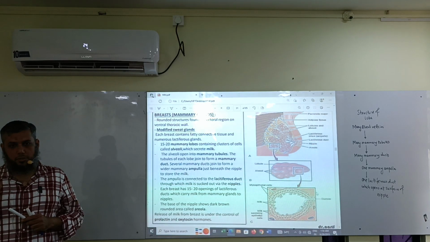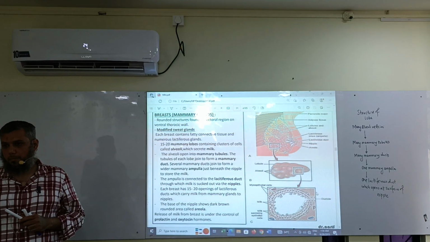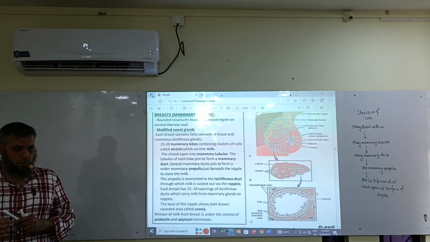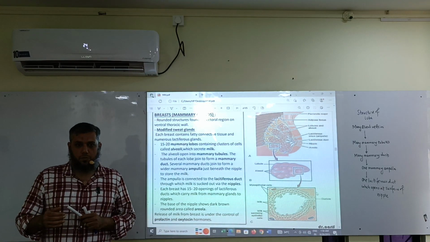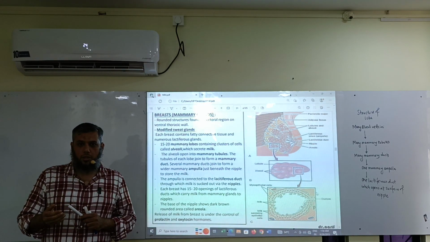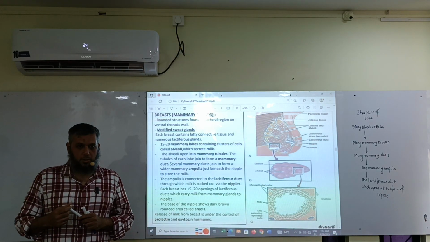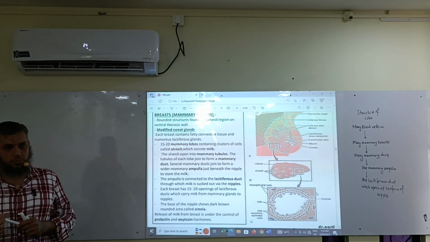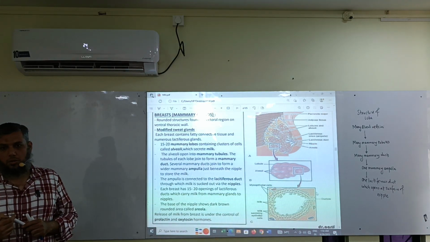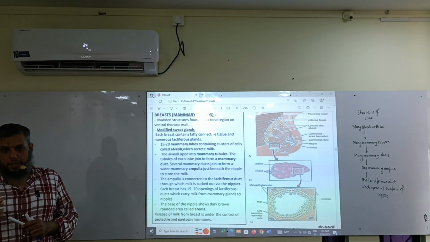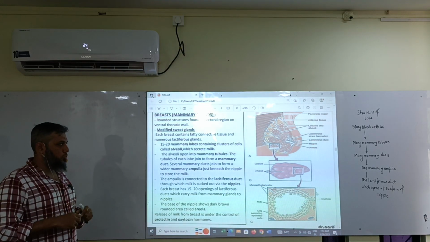Prior to puberty, the mammary glands of both male and female is same. But as the girl enters into the age of sexual maturity, under the influence of the sex hormones, like estrogen and other hormones also like thyroxine, the mammary glands get filled with a lot of adipose tissue.